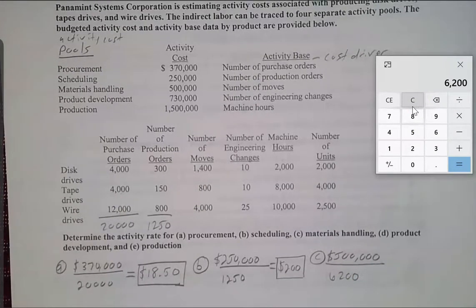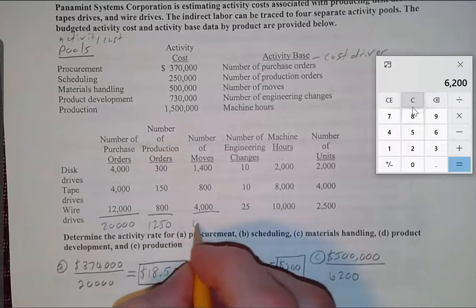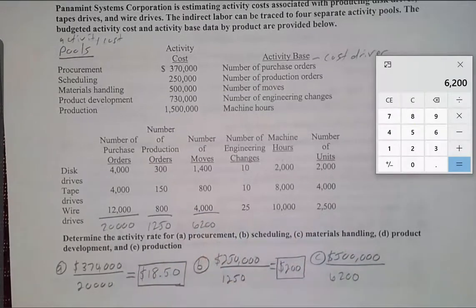That's number of moves. Okay, so we're going to have some rounding here. Looks like $80.65.